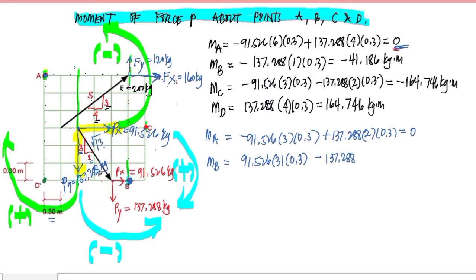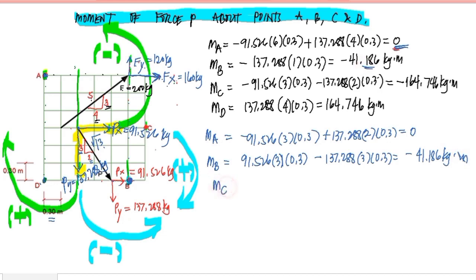As you can see here, this is the Py, so this is the perpendicular distance to point B, and that's 1, 2, 3, so 3 blocks. So we have 3 times 0.3. Computing for the moment at point B, that is equal to negative 41.186 kilogram meter. Now, this is just the same as our answer here.